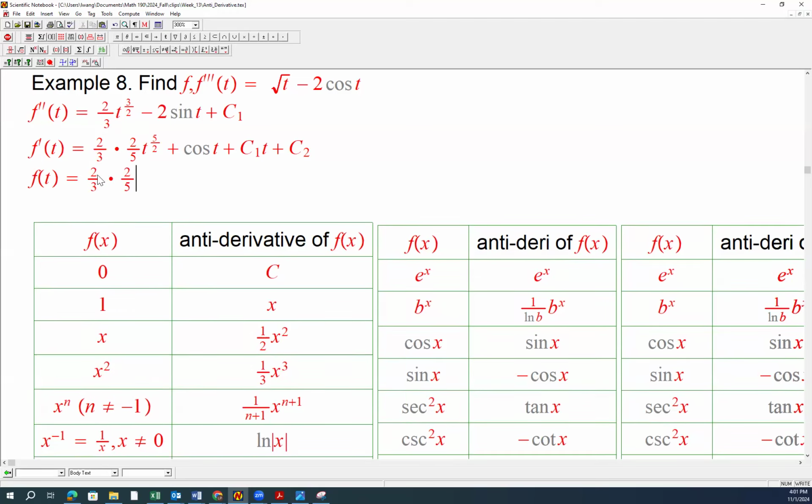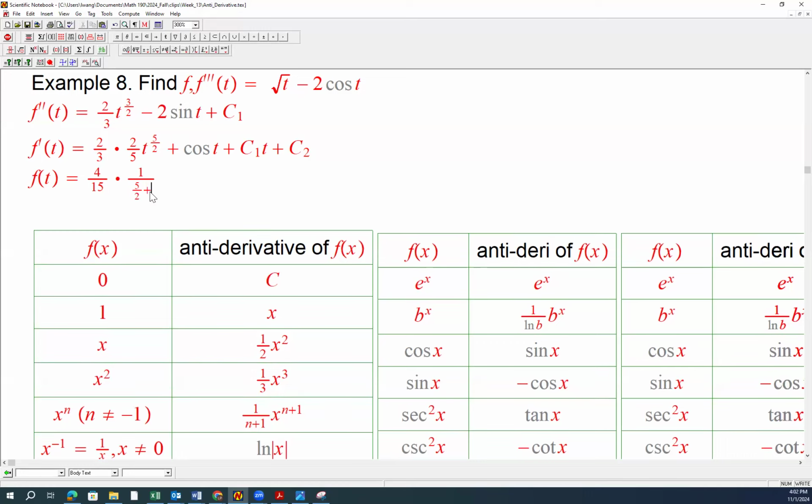We can multiply now, which is 4 over 15, and the antiderivative of t raised to the power 2/5. This time it is going to be 1 over 2/5 plus 1, t raised to the power of 2/5 plus 1.